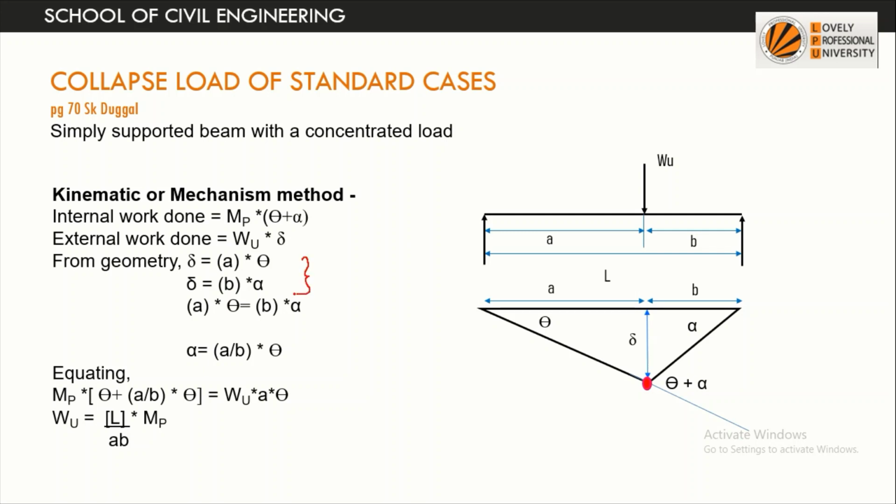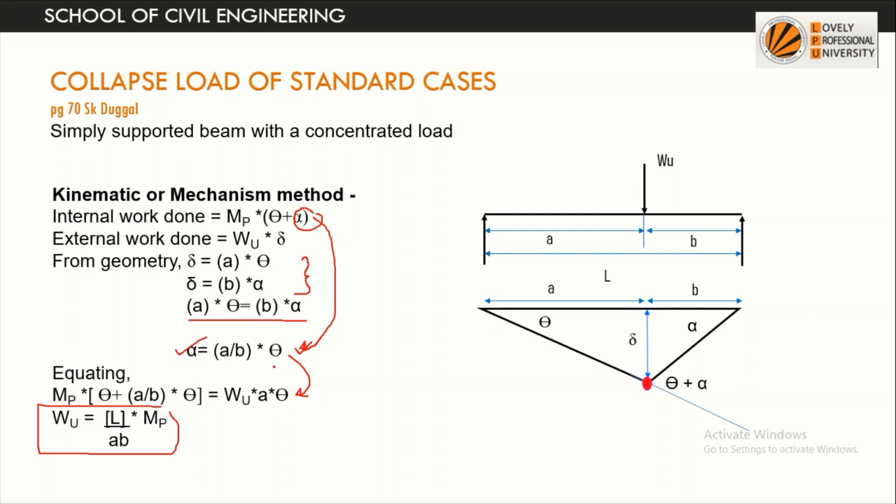From both sides we find delta is equal to theta into A and alpha into B. Then we simply equate this, so we get alpha is equal to A by B into theta. In place of alpha we substitute this value and we get this. Ultimately we get the collapse load is equal to MPL upon AB, the same value we got from the static method or equilibrium method.